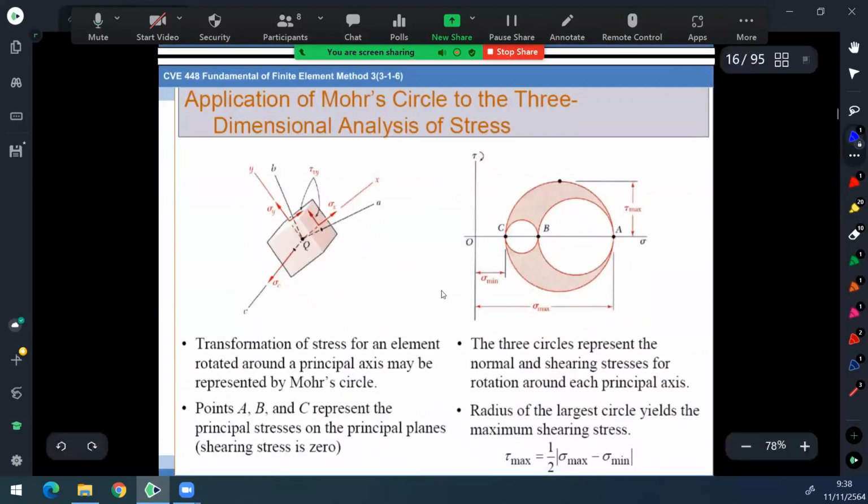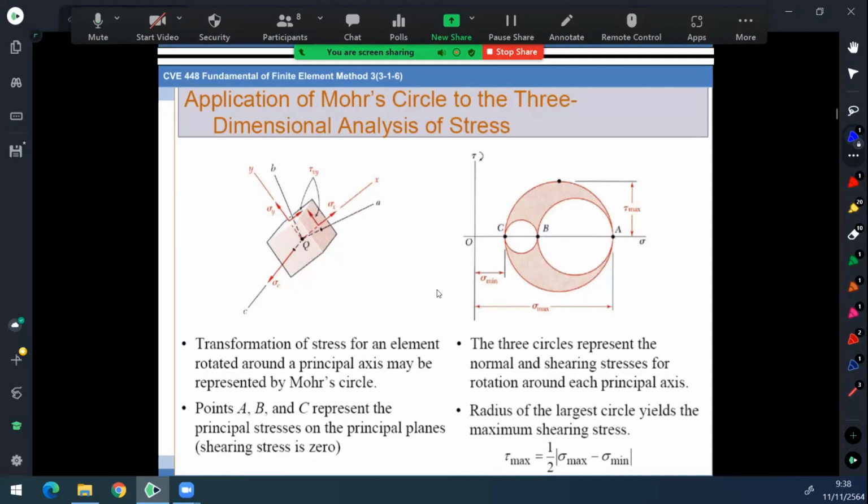One thing that I would like you to note is the case of three-dimensional also. We are normally familiar with the plane stress, where we have just only three stress components, that is sigma x, sigma y, sigma xy, right?